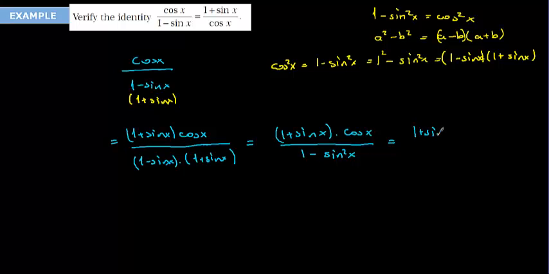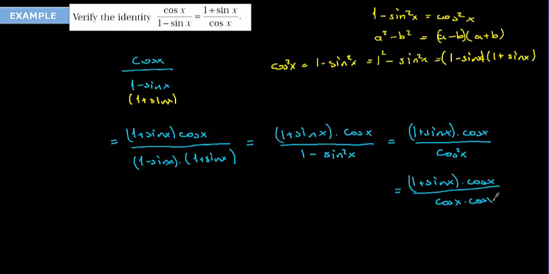So we have 1 plus sin x times cosine x over cosine square x. What about cosine square x? Cosine square x is equal to cosine x times cosine x. So it's equal to 1 plus sin x times cosine x over cosine x times cosine x.